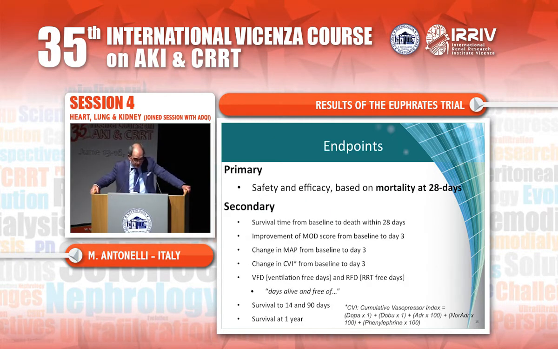The primary endpoint consisted in safety and efficacy based on the 28 days mortality, and we had a number of secondary endpoints consisting in the survival time from the baseline up to the 28 days, the improvement of the multiple organ dysfunction score from the baseline up to day 3, the change in mean arterial pressure following the same timeline, the change in cardiovascular index, which is a cumulative vasopressor index, which consists in the combination of different vasoactive and inotropic drugs that can be administered to these patients.